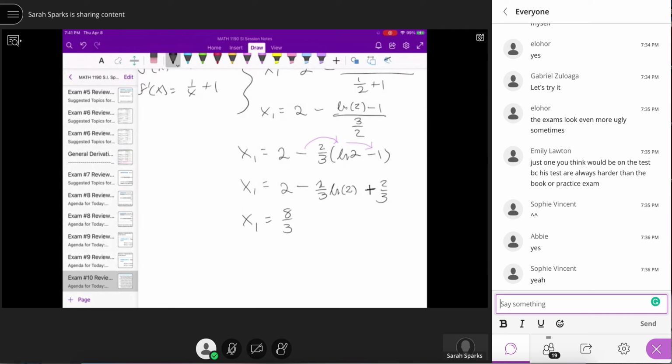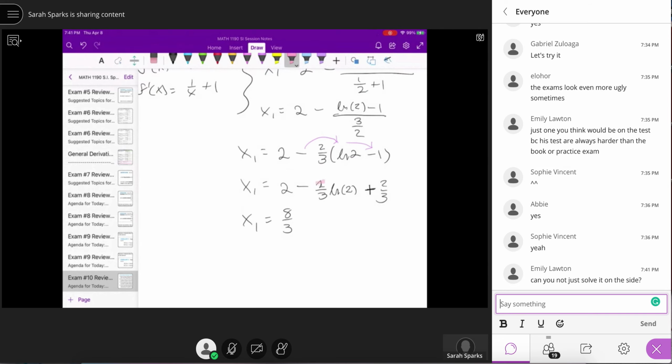And then if you remember our log rules, this is just personal preference. Can you not just solve it on the side? What do you mean, Emily?